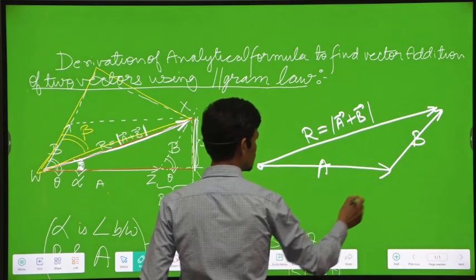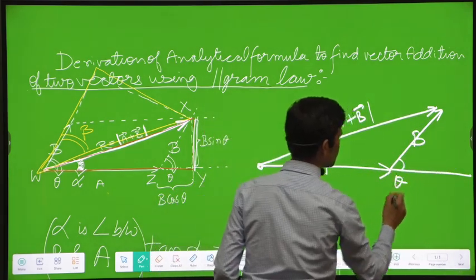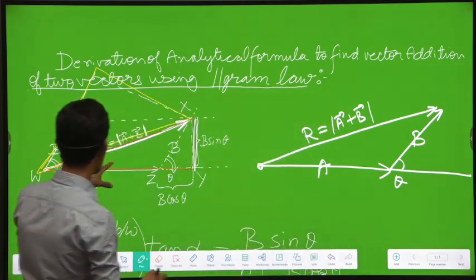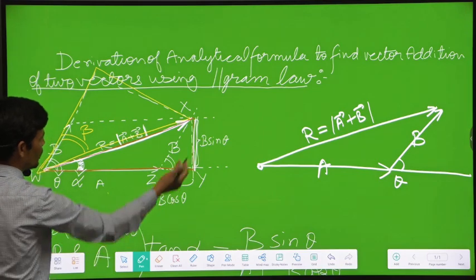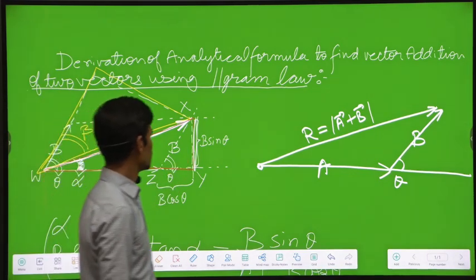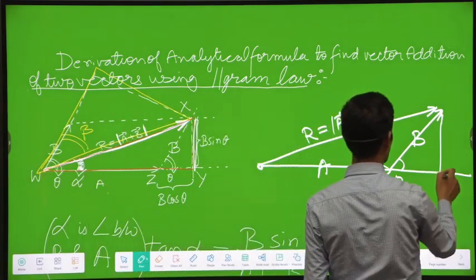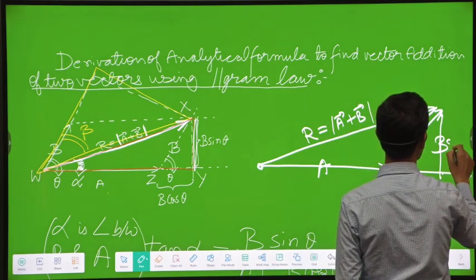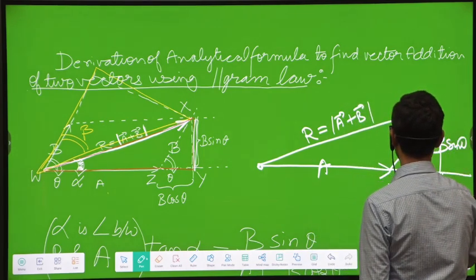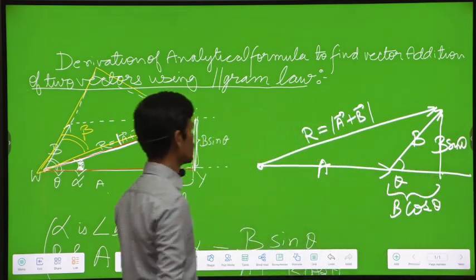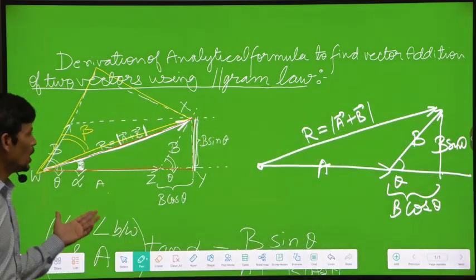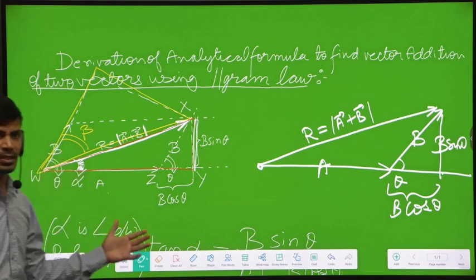This is the angle theta between them, and it looks the same as what I have just highlighted in red. This is B sine theta, this is B cos theta. Ultimately the basic structure is the same.